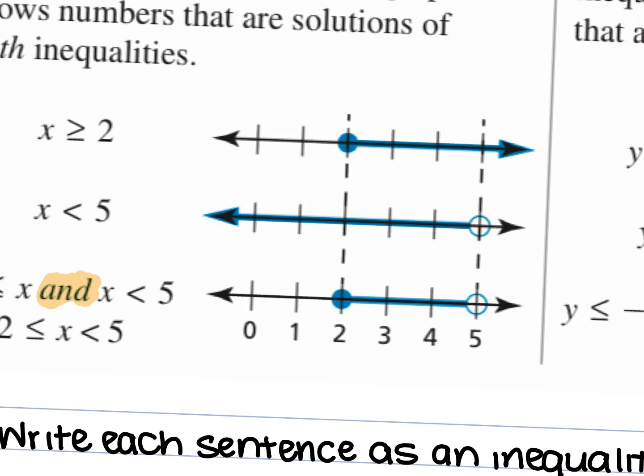You're only going to shade in your final answer the region between those 2 numbers. Do you guys see that? Okay, so this is an example of an and inequality. Please write that right above. When it's and, you're shading the region in between them. Okay? Because they overlap in that region.